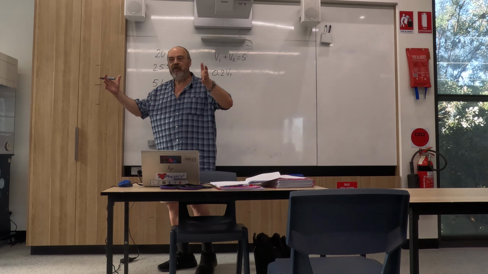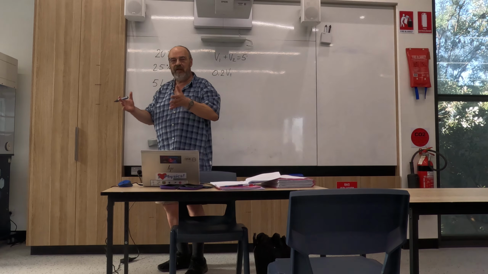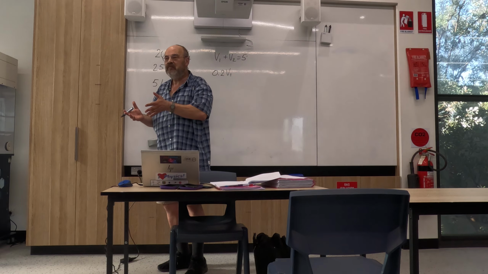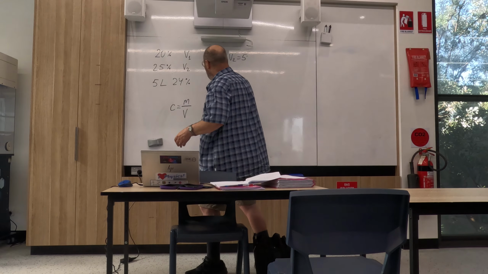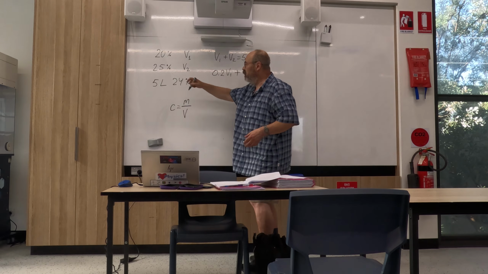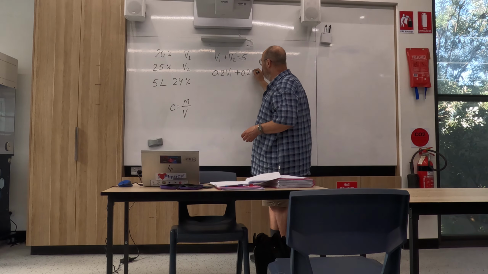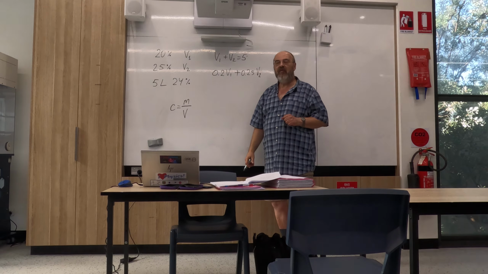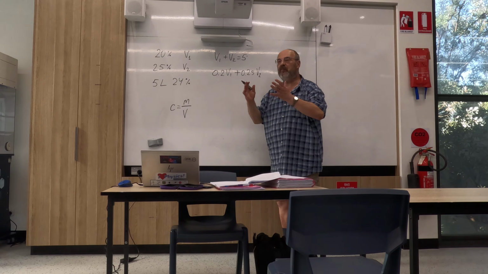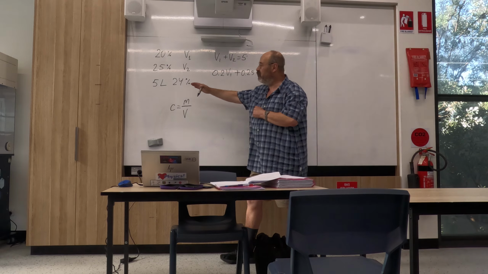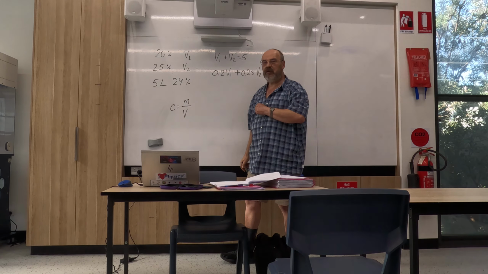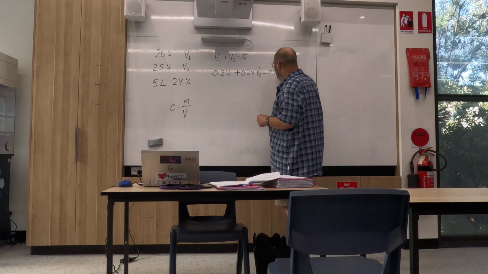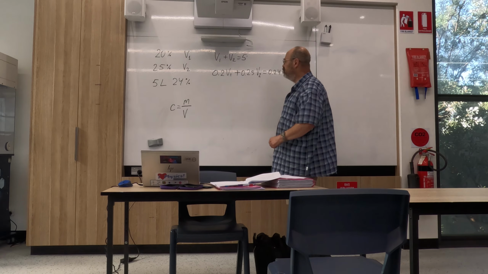If we have 10 liters with concentration 20%, how many liters is acid? 2. Plus, we have 0.25 of V2. And what is the total amount of the acid? If we have 5 liters with the concentration 24%, 0.24 times 5.